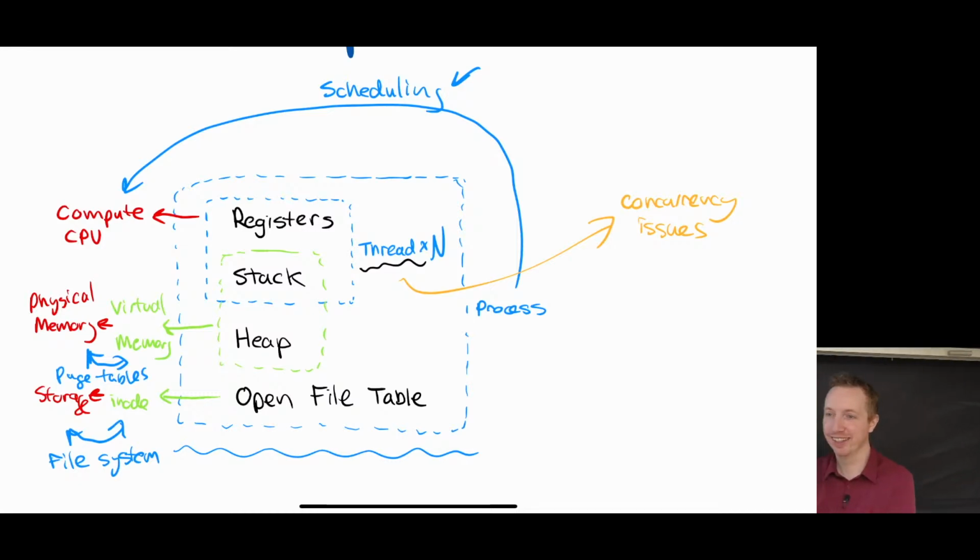How many major big questions will there be? Probably, I forget. Most of the time there's a question on processes, a question on threads. If you look at the past exams, I put topic headers on all of them.